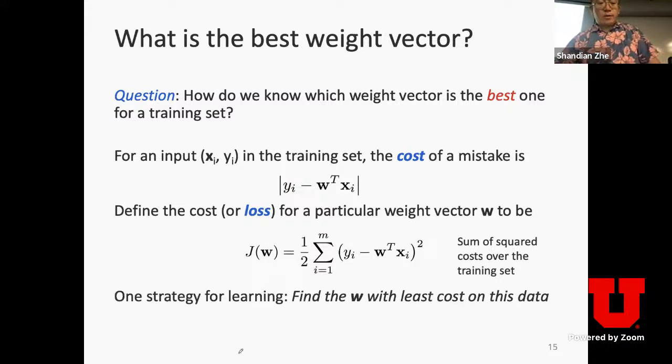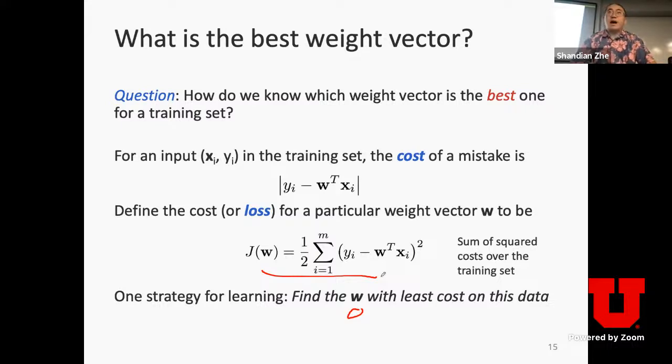So our strategy of learning is to find the weight vector with the least cost on this whole data set. That's called least mean square regression. And of course, you can seek other strategies for training. Here we just introduce one strategy, which is to minimize the least mean square cost function over the training data.